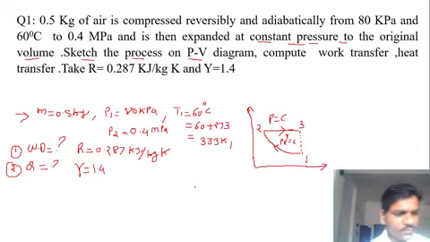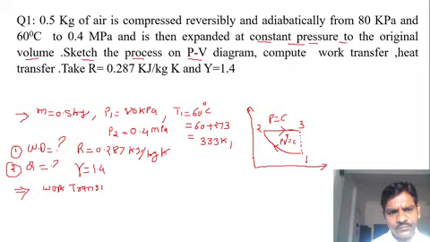Okay. So here mention the value of gamma. Work transfer: first of all, we determine the value of the work transfer here, guys. So how is the work transfer calculated? First of all, we calculate the value of T2. So T2 is equal to, what is the relation?